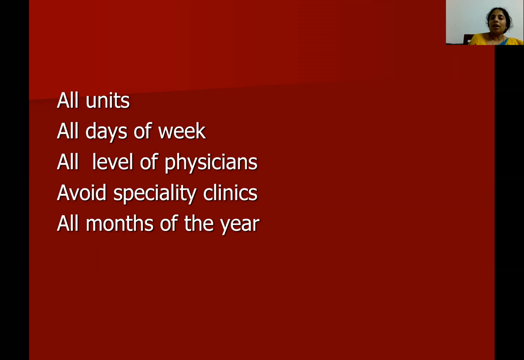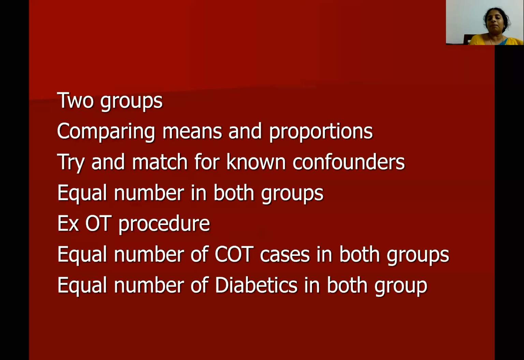Another thing you can do, if you're comparing two groups, like comparing the means of two groups or the proportions of two groups, is to try and match for some confounders. I'll give you an example. Suppose you are an anesthesia PG and you are looking at some anesthetic procedure.